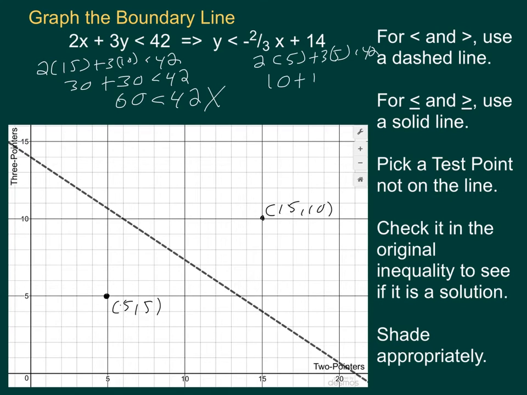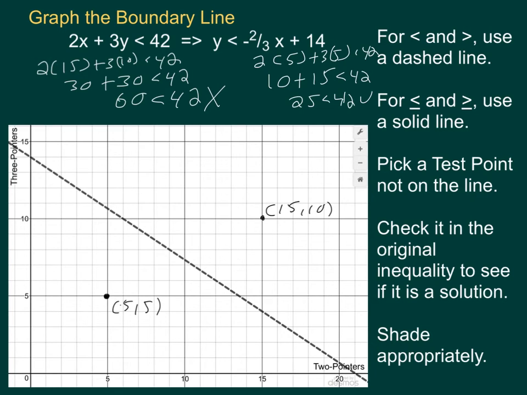Well, that's 10 plus 15, which is 25. Is 25 less than 42? Of course it is. That means not only is (5, 5) a solution, but everything on this side of that boundary is a solution, which is pretty remarkable.